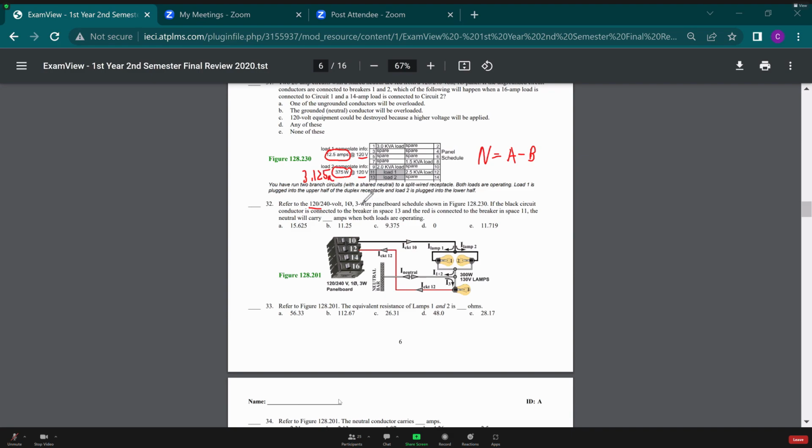We can just take 12.5 minus 3.125, and we get 9.375 amps on the neutral. Number 33 here.